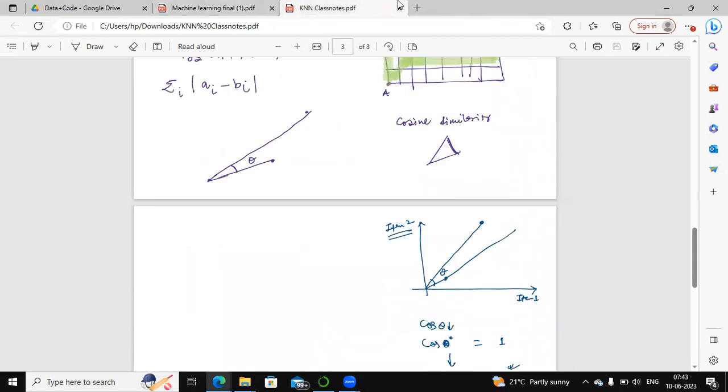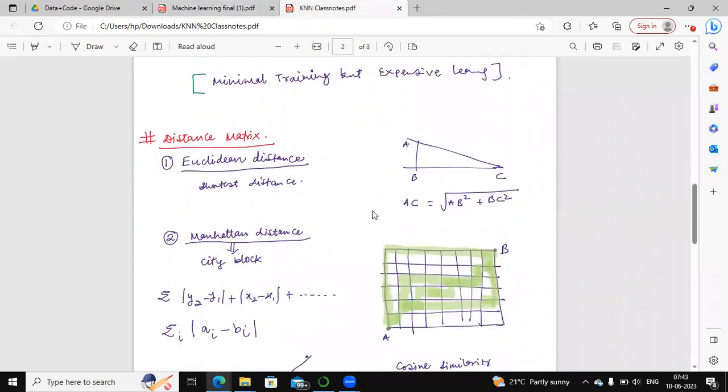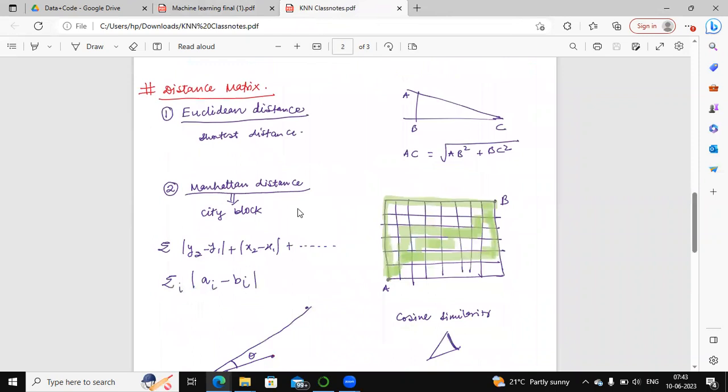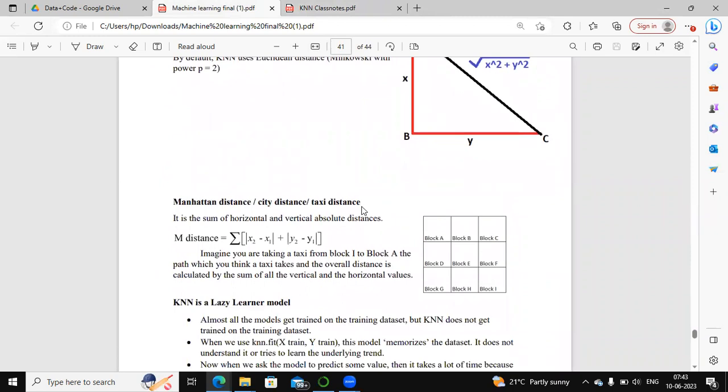KNN uses a distance metric where you can use Euclidean distance or Manhattan distance. Euclidean distance is the distance between AC equal to the square root of AB square plus BC square, whereas Manhattan distance is the sum of horizontal and vertical distances we consider.